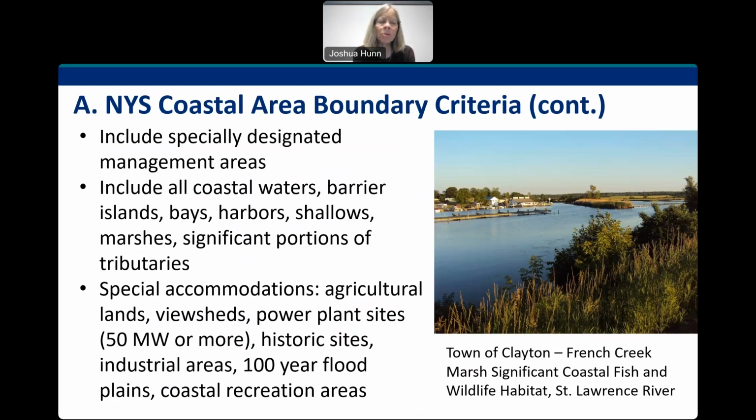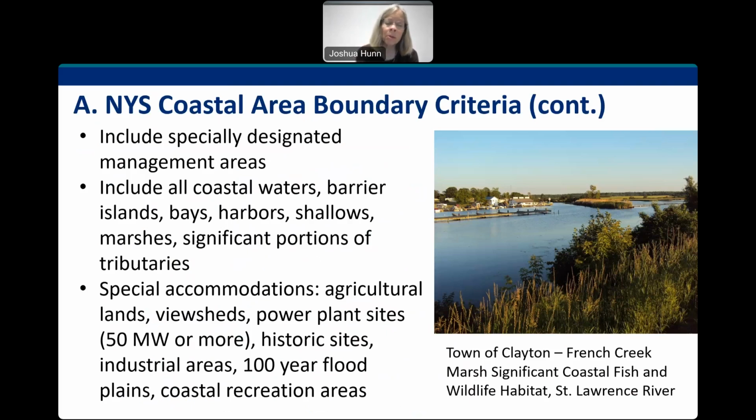The coastal boundary should include all coastal waters, barrier islands, bays, harbors, shallow areas, marshes, and tributaries that lie within the coastal boundary. So the waterfront revitalization area boundary should also include those important water bodies. Then another criteria is that special areas should be included, such as agricultural lands, view sheds, power plant sites.